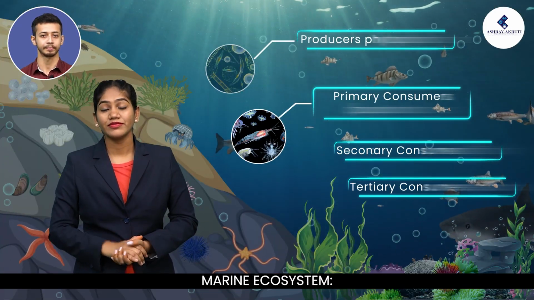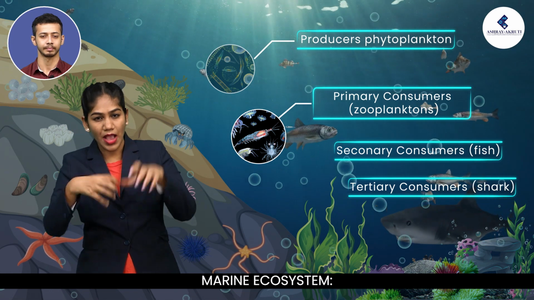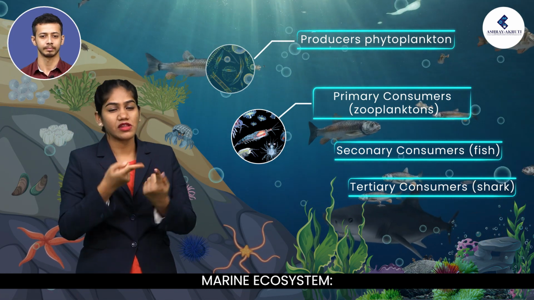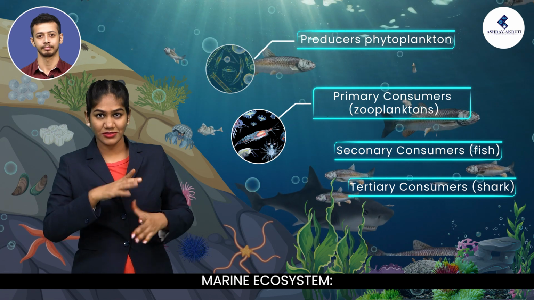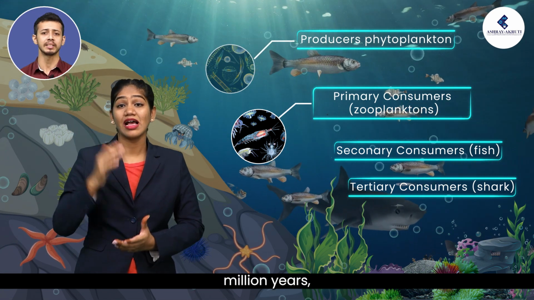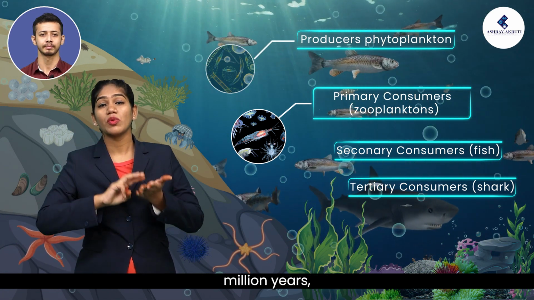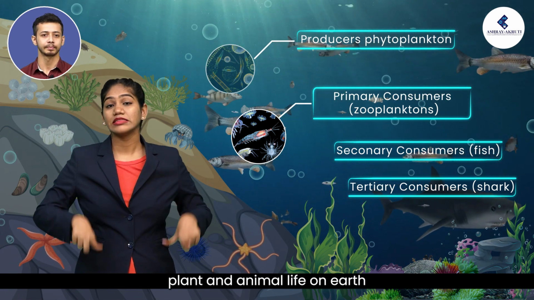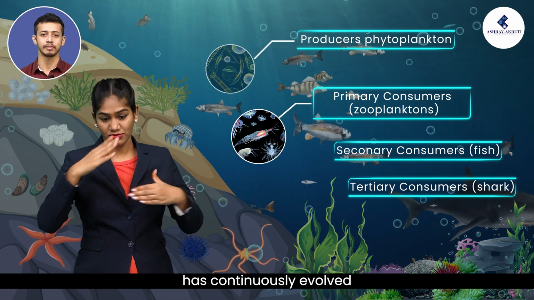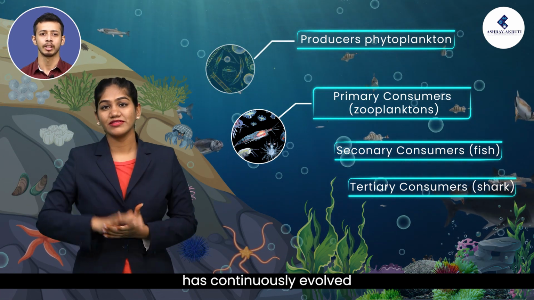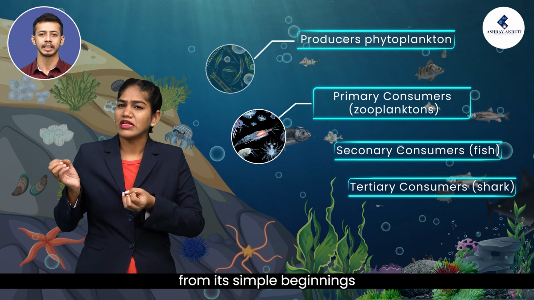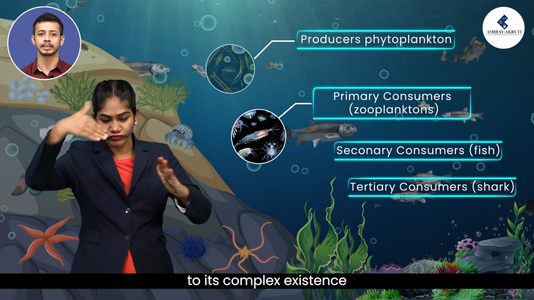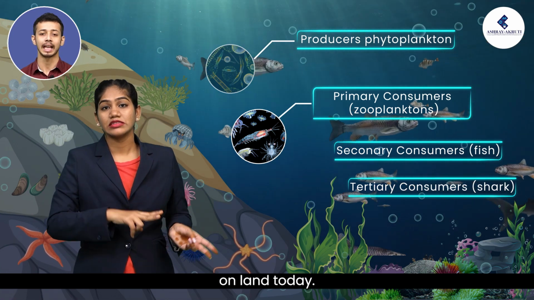Marine ecosystem. Over the last 2000 million years, plant and animal life on earth has continuously evolved from its simple beginnings in the ocean to its complex existence on land today.